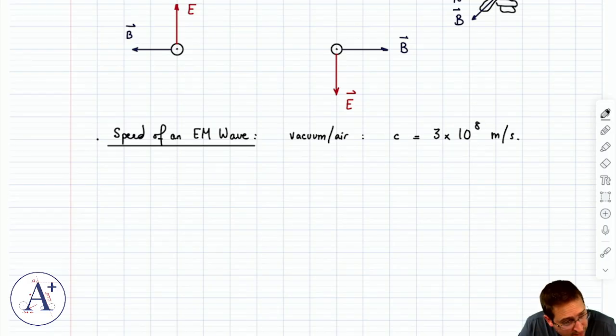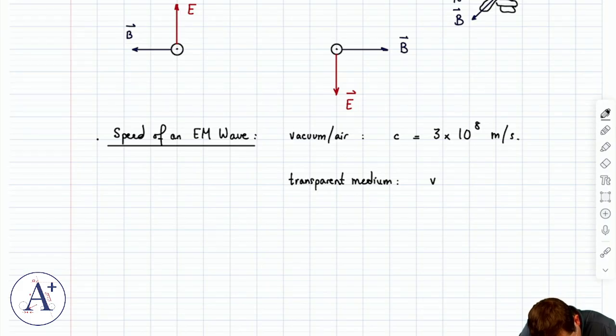However, if it's propagating through a transparent medium, and we'll review this next week, the speed v is going to be c divided by n, where n is the index of refraction.